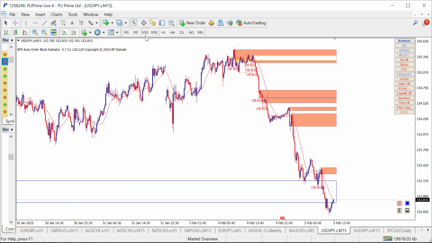Okay, so 15 minutes time frame as well. This is the area I'm looking out to sell, this level.